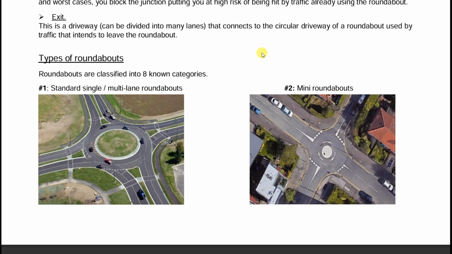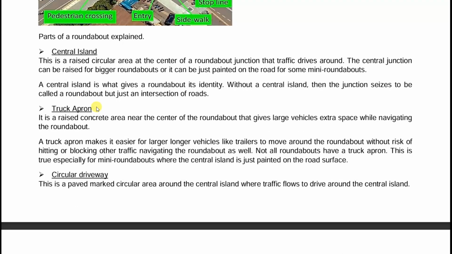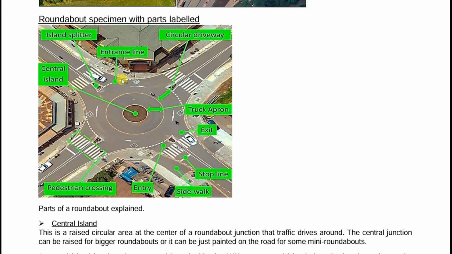I'm going to start with talking about the different types of roundabouts to expect when driving in Uganda. And number one, the first category I'm going to look at are standard single lane roundabouts. Now, a standard single lane roundabout looks similar to this. It features a single lane at the entry.